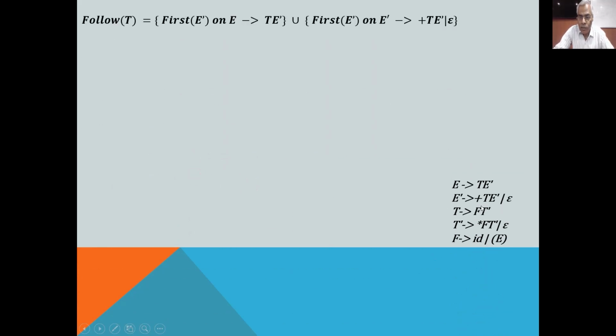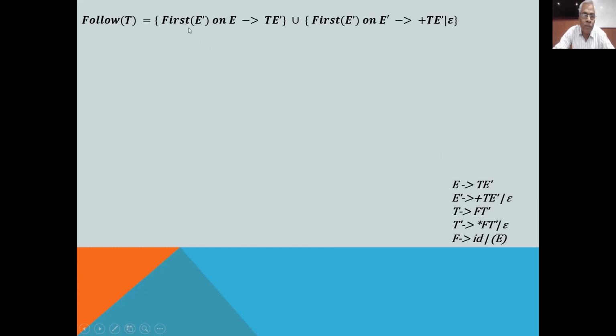Next we move to the third non-terminal, that is T. Follow of T. We find the follow of T. T is present in two different productions in the right hand side, first and second. So follow of T is equal to first of E dash from this production.